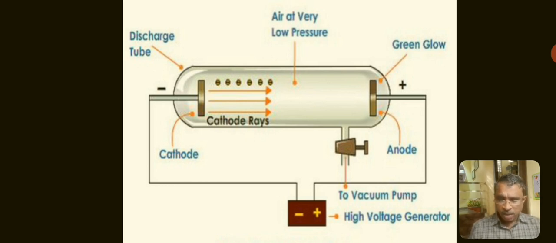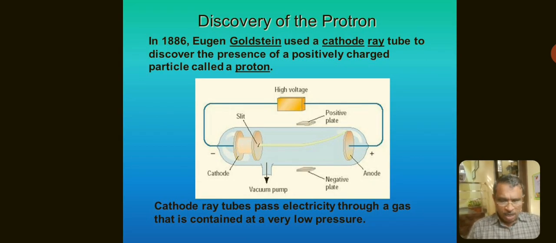Now coming to the discovery of protons. We know that the atom is electrically neutral. The emission of negatively charged electrons from the atoms of the gases in the discharge tube suggests that some positively charged particles must also be present in them.